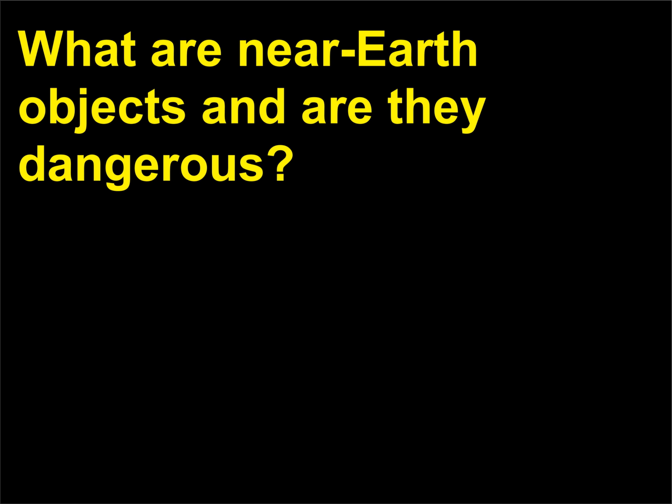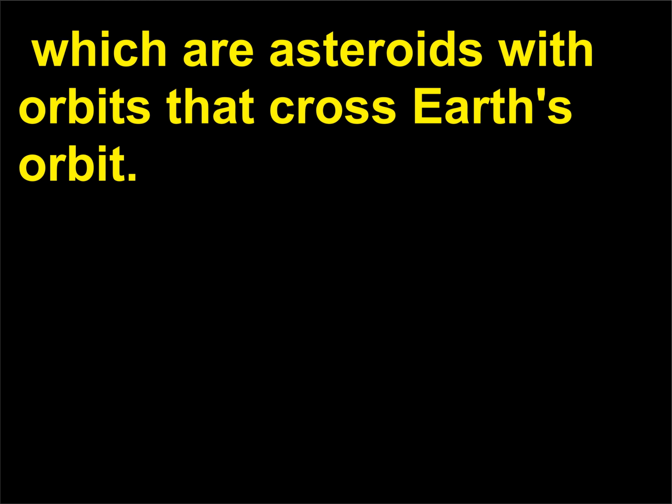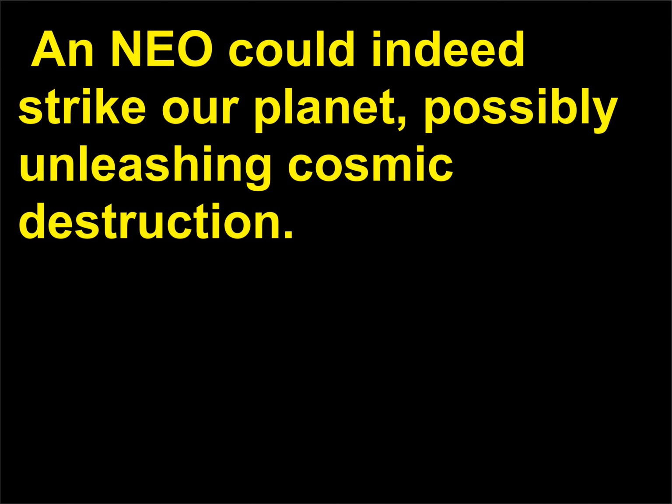What are near-Earth objects and are they dangerous? There are hundreds, if not thousands, of NEOs, near-Earth objects, which are asteroids with orbits that cross Earth's orbit. An NEO could indeed strike our planet, possibly unleashing cosmic destruction.